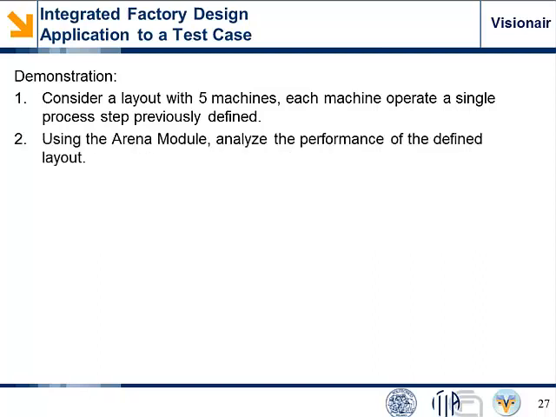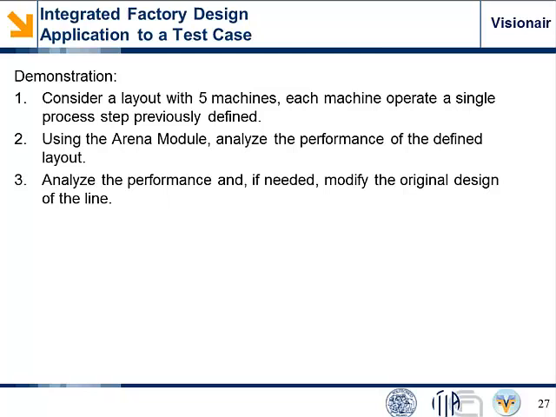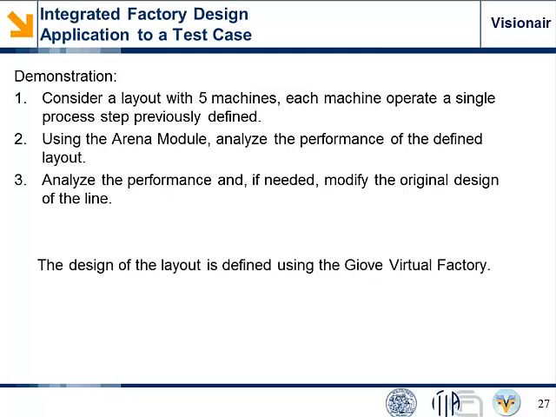Then I use Arena to measure the performance of this production system design. I check the performance, and if there is something that is not good for me, I will modify the system and then ask Arena once again to evaluate the performance of the modified design, and so on until I find a suitable design.